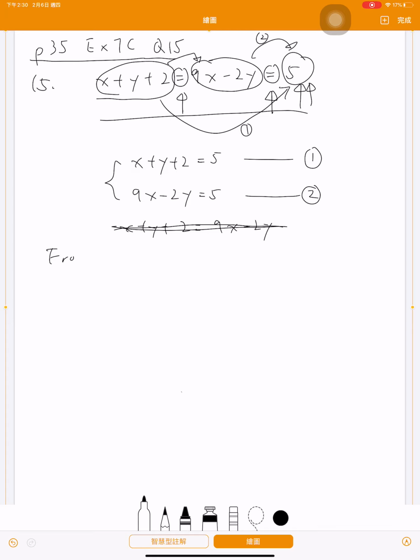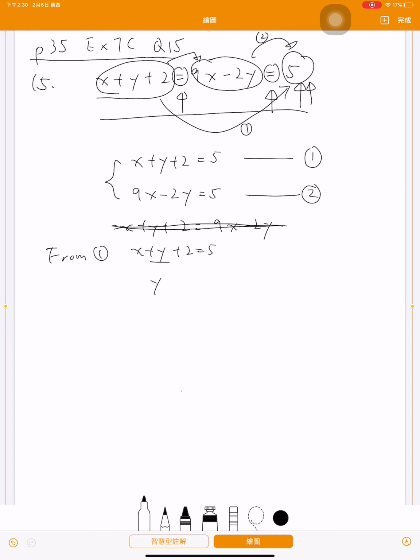From equation 1, the right side is just copied, and this time I want to use y as the subject. So y is equal to 5 minus 2 and then minus x, that means y = 3 - x. Then y becomes the subject, so I call it equation 3.